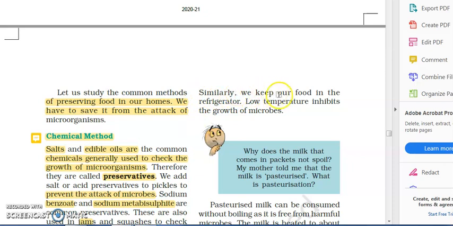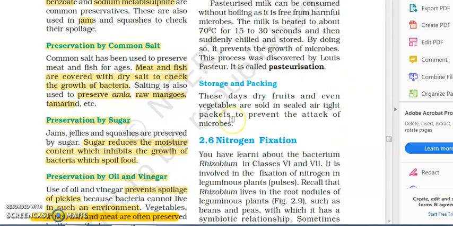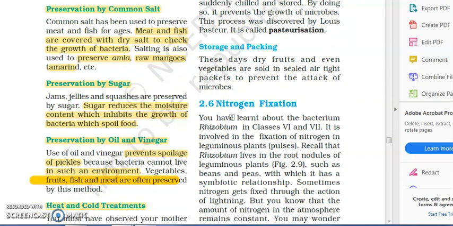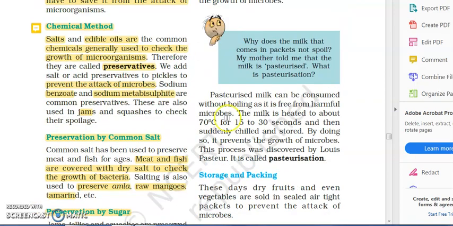For cooling we keep our food in the refrigerator. Why do we keep our food in the refrigerator? Because in the refrigerator the temperature is low compared to our surroundings. So low temperature also inhibits the growth of microorganisms. Everyone understands how we can preserve food by the method of heat and cold treatment.